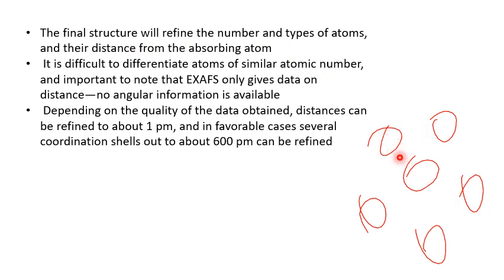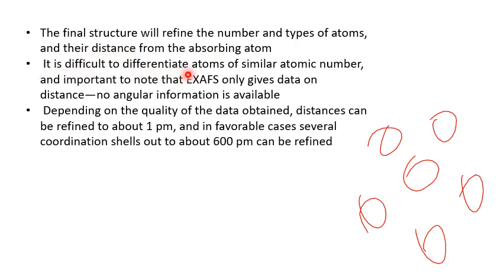Internuclear distance is also refined in that final structure. So three things are defined in the final structure: the number of atoms surrounding the absorbing atom, the types of atoms, and their distance from the absorbing atom.